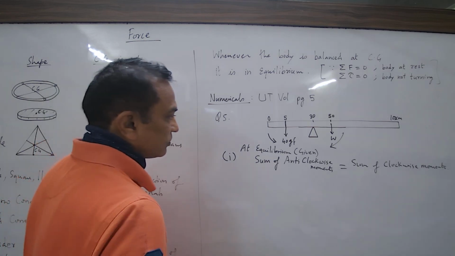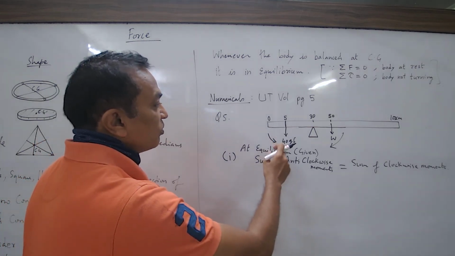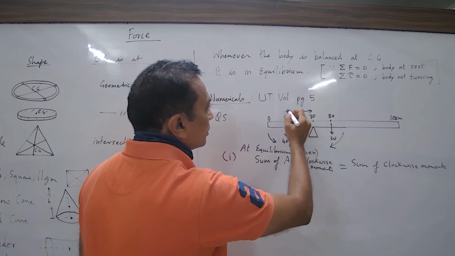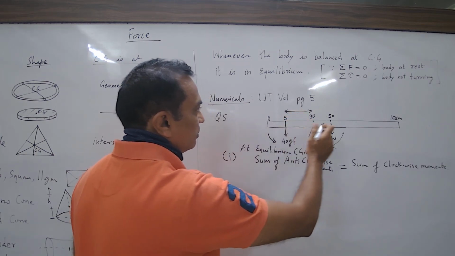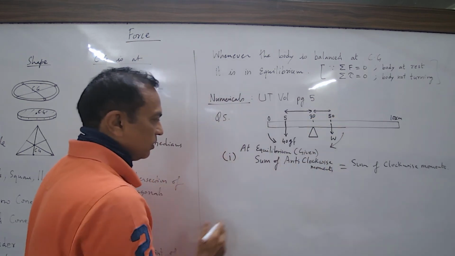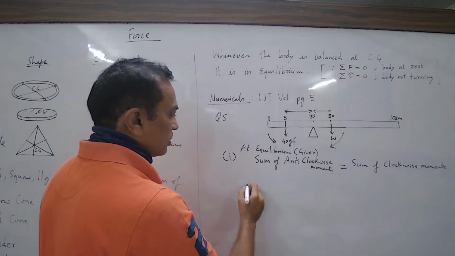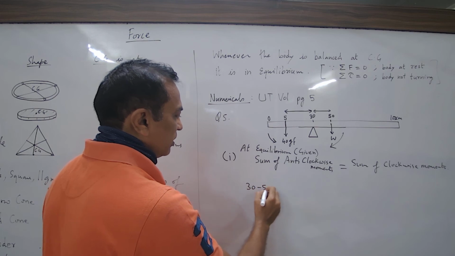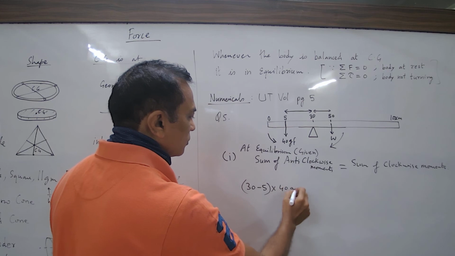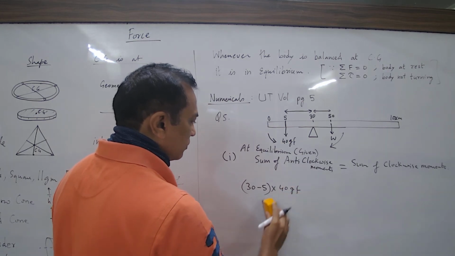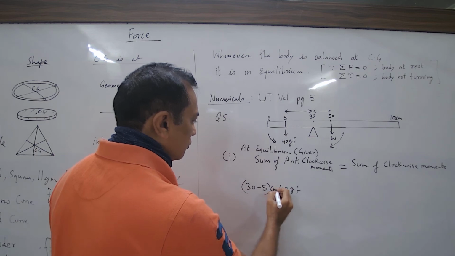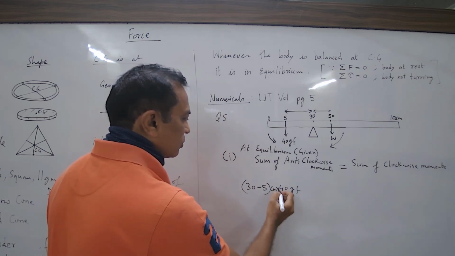So right now, what is the anti-clockwise moment? It is (30 minus 5) centimeter into 40 gram force.